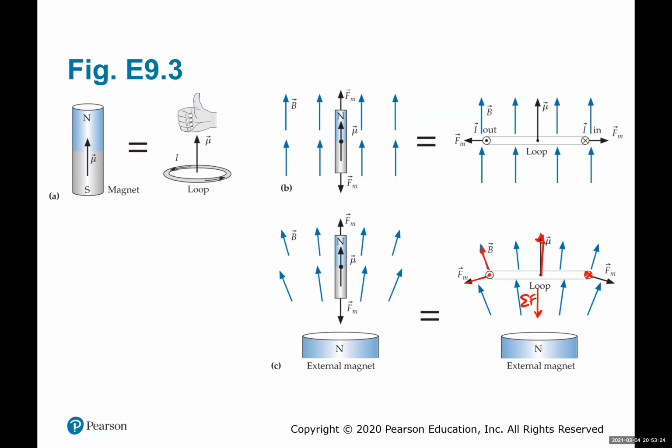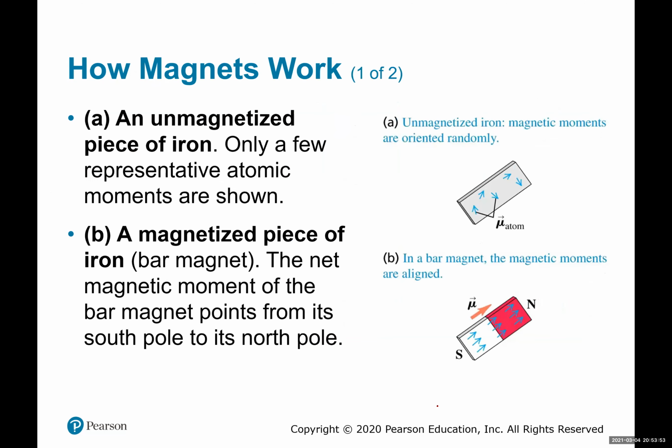If you hand me a thing and don't tell me what it is, and I expose it to a magnet, and there is, in this case, attraction, I don't know for sure whether the thing that you handed me was a permanent magnet or a loop of current, because I have no way of distinguishing them based on their behavior. This is how magnets work.